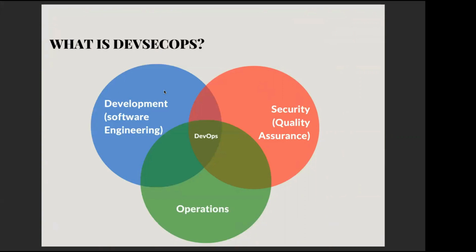So basically, DevSecOps, as well as DevOps, is a collaboration of different entities in a software development life cycle. Like you have a development team, you have an operations team who deploy the code, and then you also have quality assurance as well.